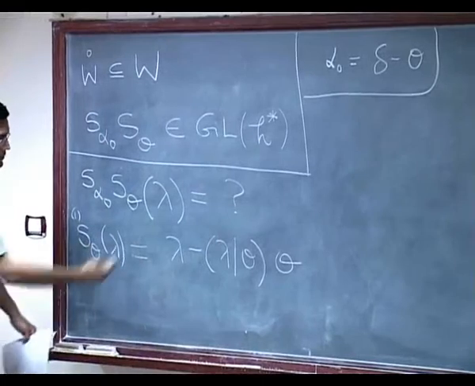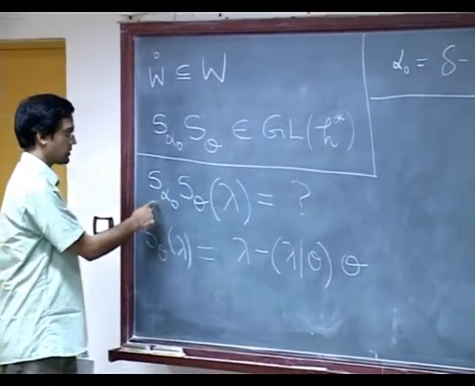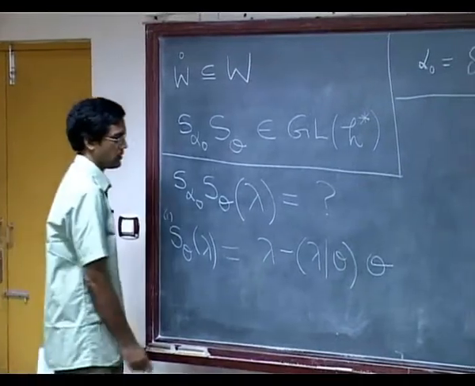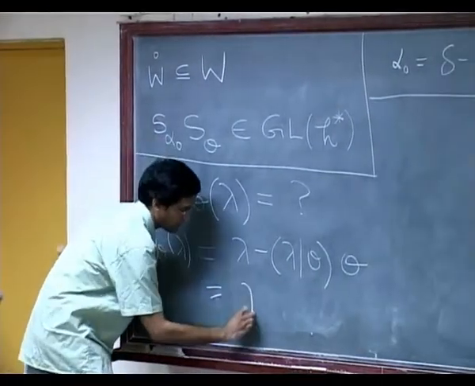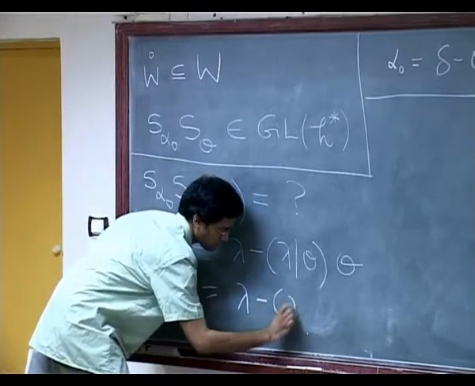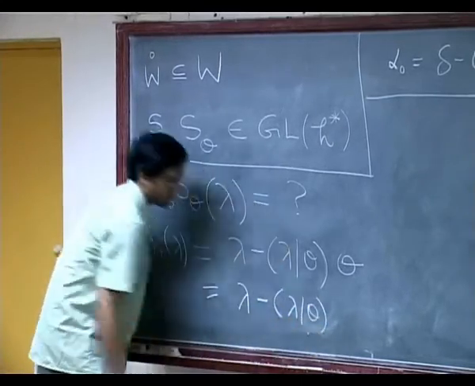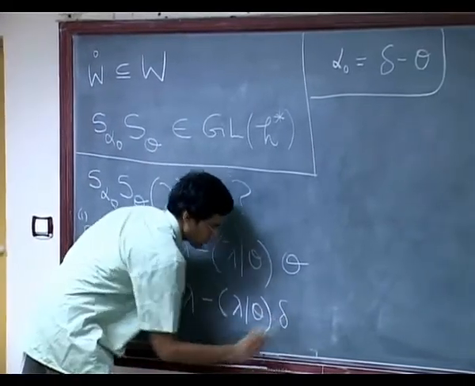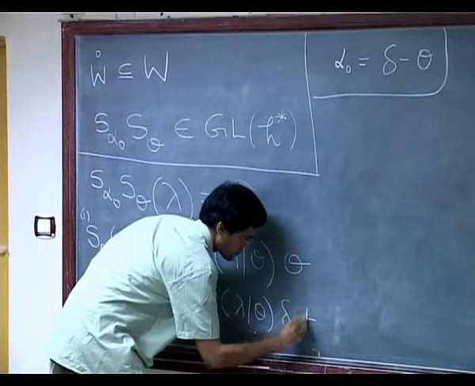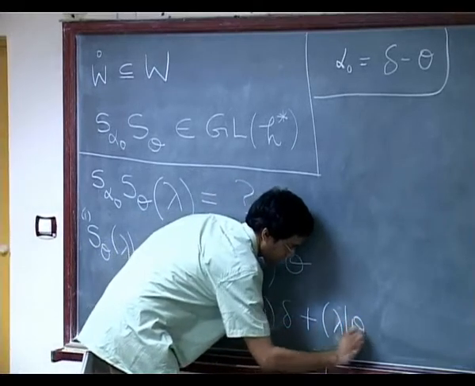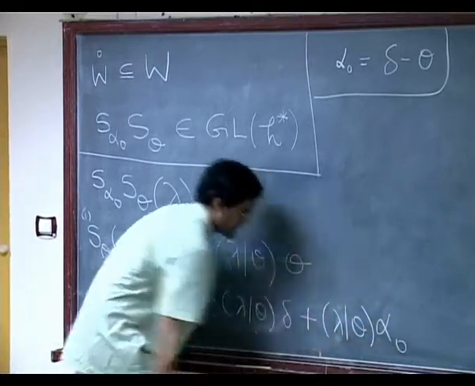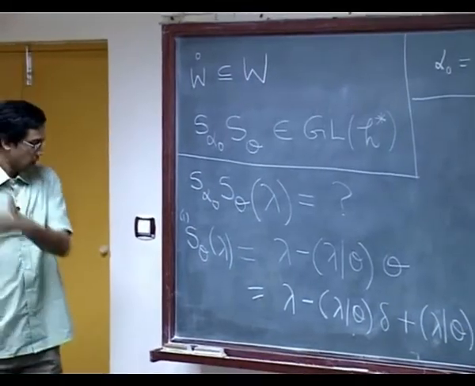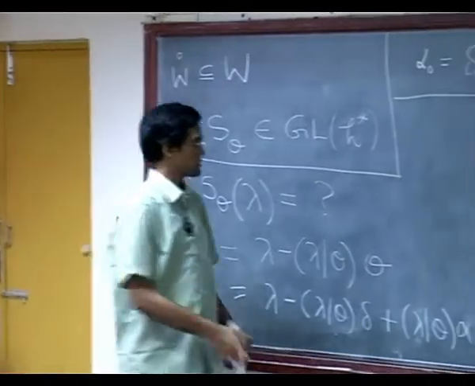I want to bring an alpha naught into play, so that the further action of S alpha naught is very easy on alpha naught itself. So, let me rewrite this as lambda minus lambda theta times delta minus alpha naught. So, it is times delta, then there is a plus. I have just rewritten this, and now I will act S alpha naught on this.